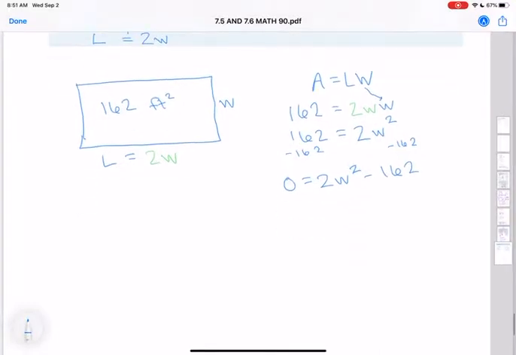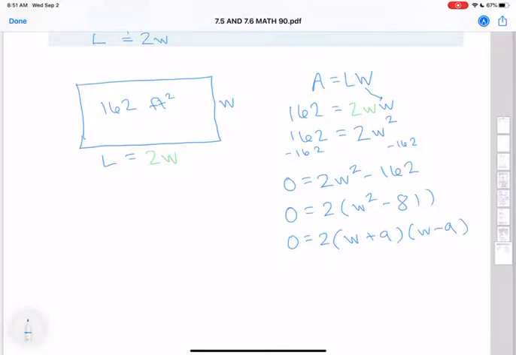First thing that we look for, is there a greatest common factor? There is. 2 goes into both of them. So we have 2 times the quantity W squared minus 81. Do you recognize W squared minus 81? A difference of squares. So that means we have 2 times W plus 9 times W minus 9.